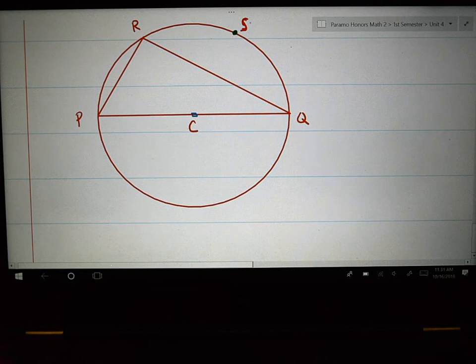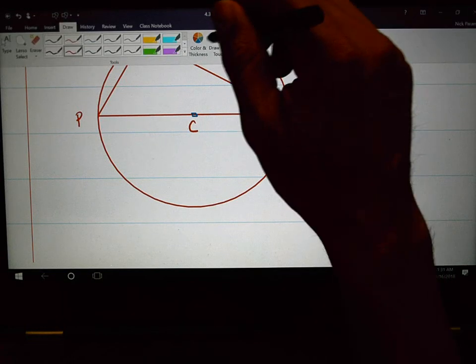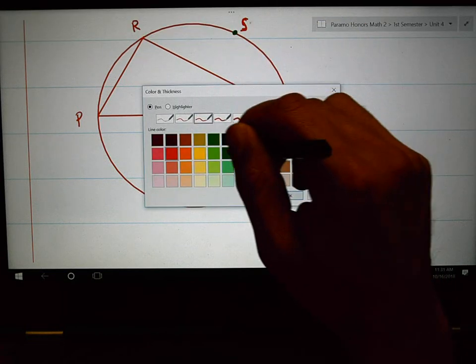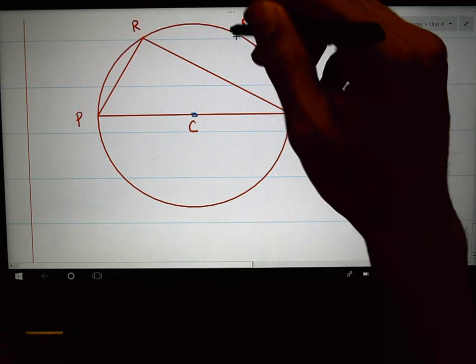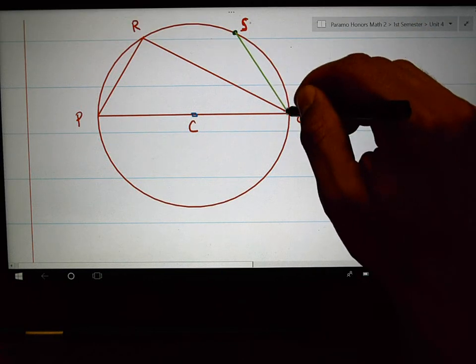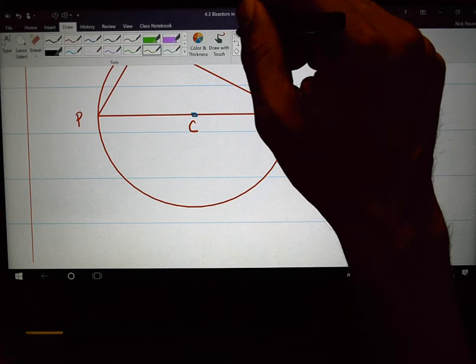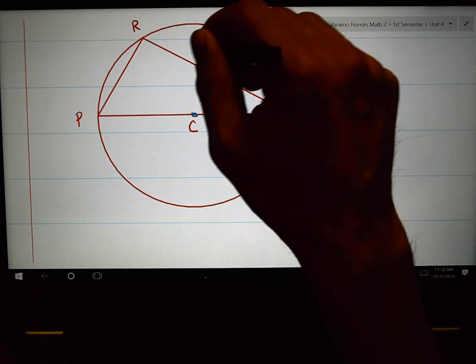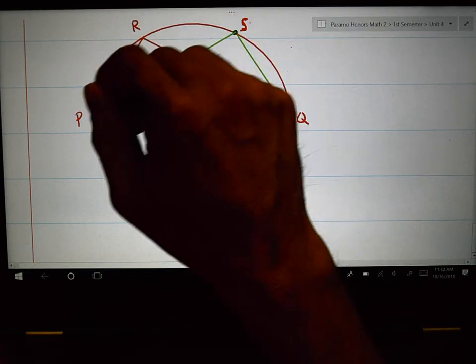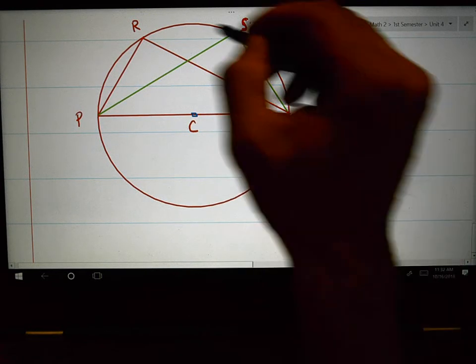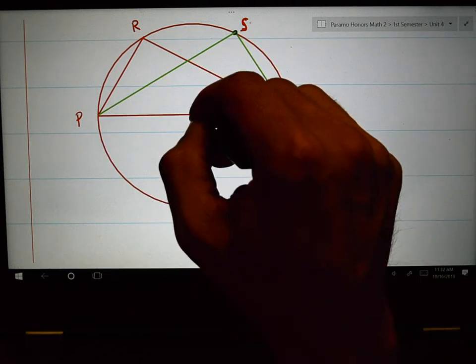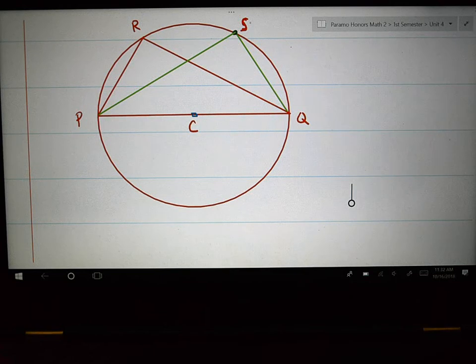then what I would have is, let me switch colors. This triangle PQS, is it the same center point C? Is that the same circumcenter?